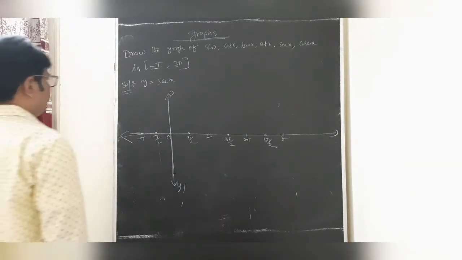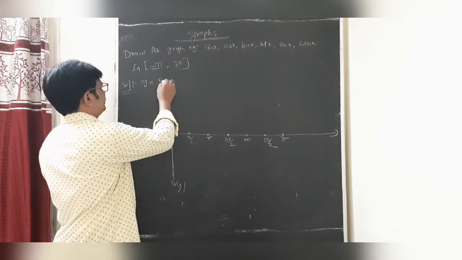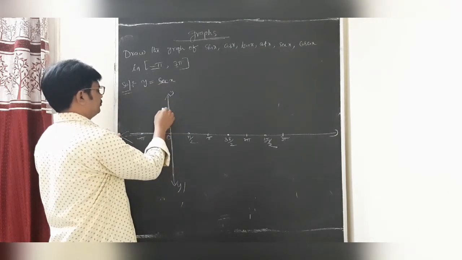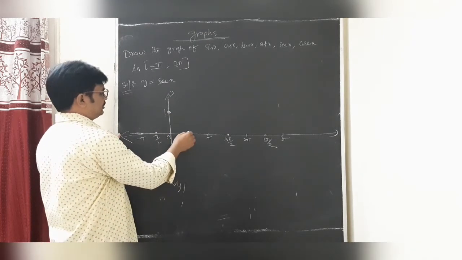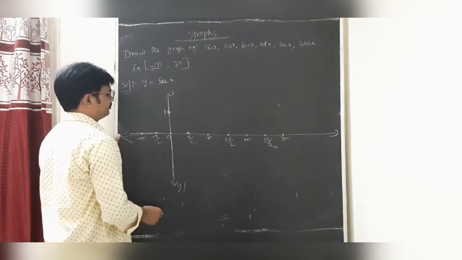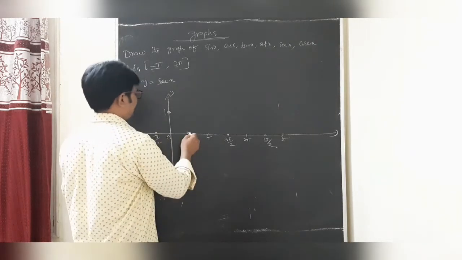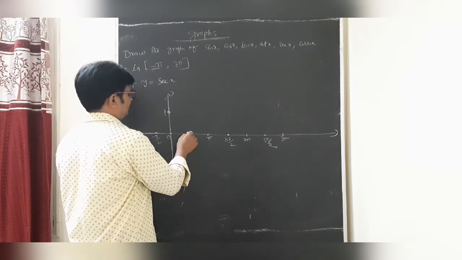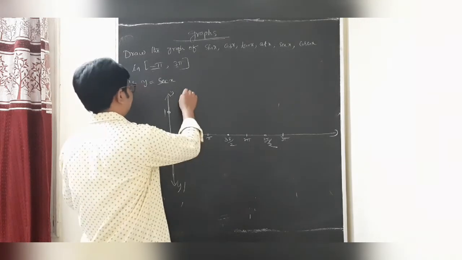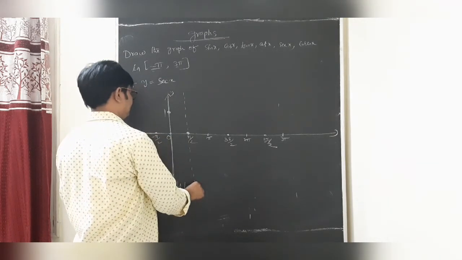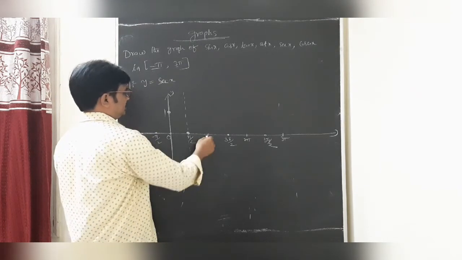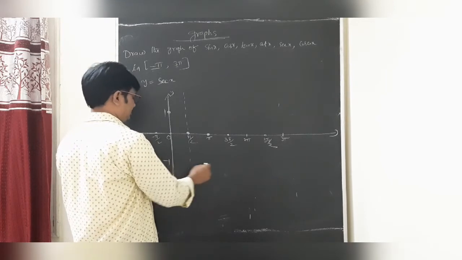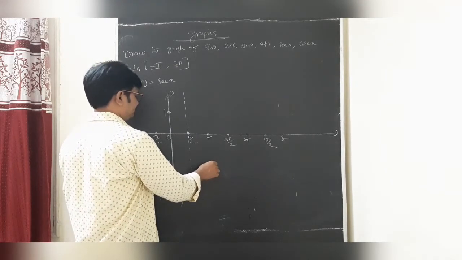Dear students, right now we are taking y equal to secant x. Cos 0 is 1, secant 0 is also 1. Cos 90 is 0, but what is secant 90? Since cos 90 is 0, secant 90 is undefined. Cos π we know is minus 1, secant π is also minus 1.